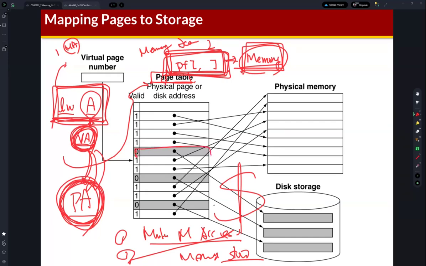If this mapping information is also cached in a CPU, then we can quickly access this mapping information, right?